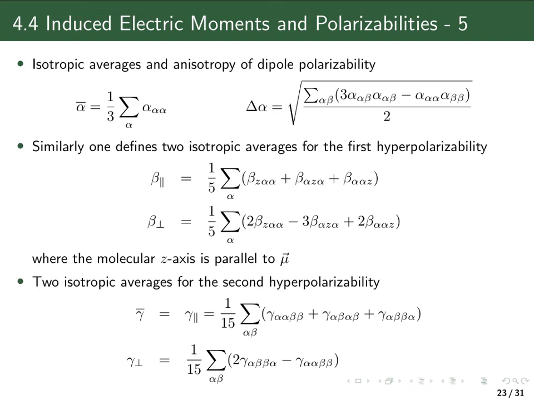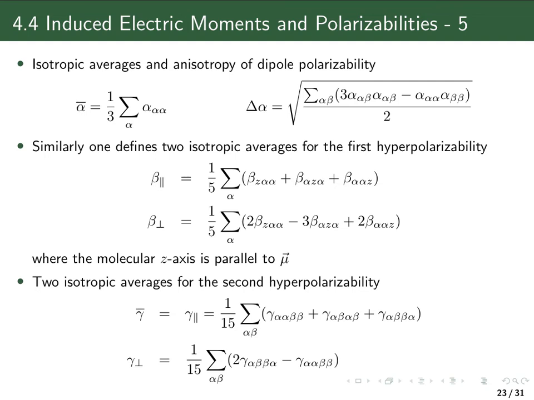For the polarizability, the isotropic value is 1 over 3 times the sum of the diagonal elements, meaning the sum of the xx plus yy plus zz components of the polarizability tensor. That's called the isotropic polarizability. And the anisotropy is defined in this way as the square root of the sum of different components of the polarizability, written like here.